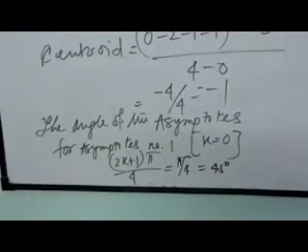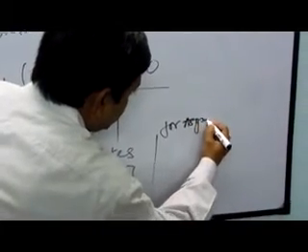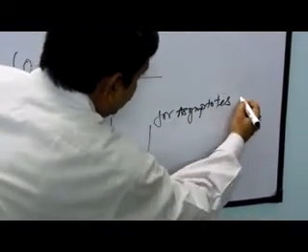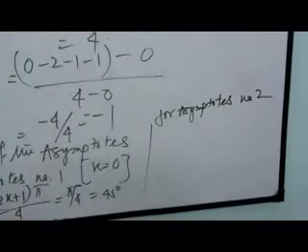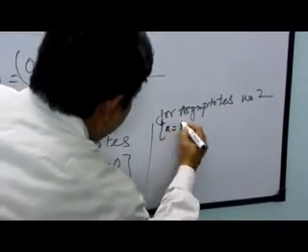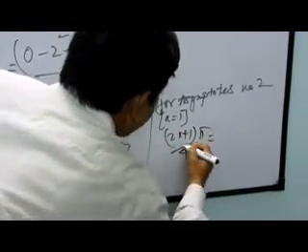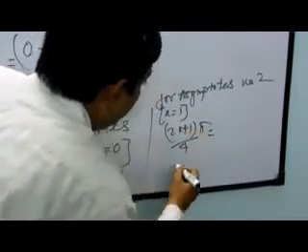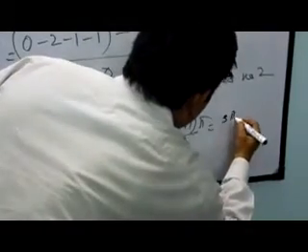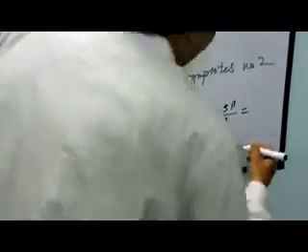Now for asymptote number 2, k equal to 1. Now (2k plus 1) into pi divided by 4, if k equal to 1, then 3 pi by 4, that is equal to 90 plus 45, that means 135 degree.